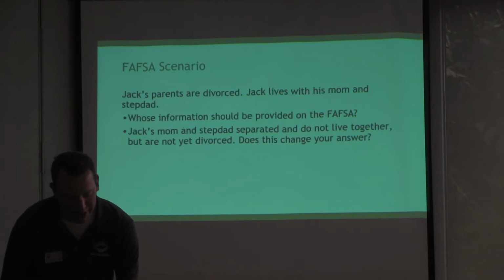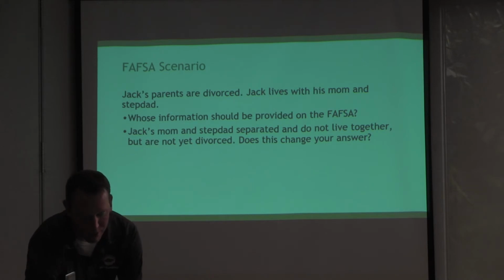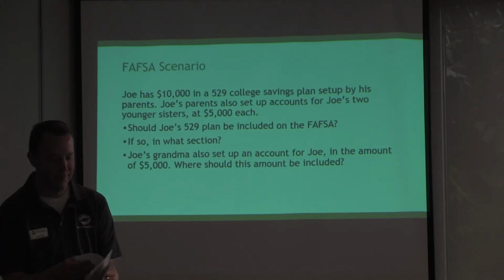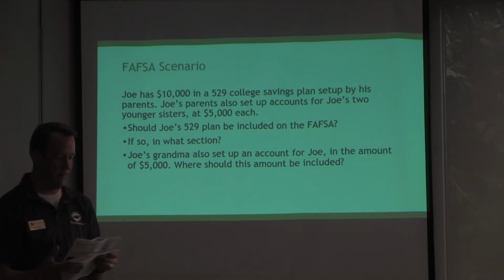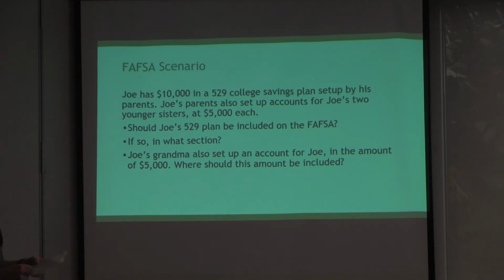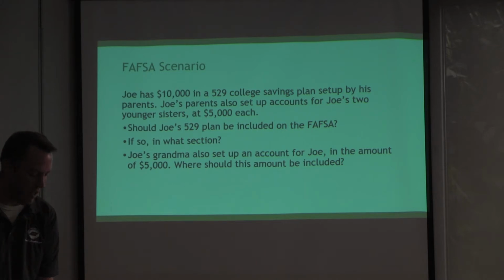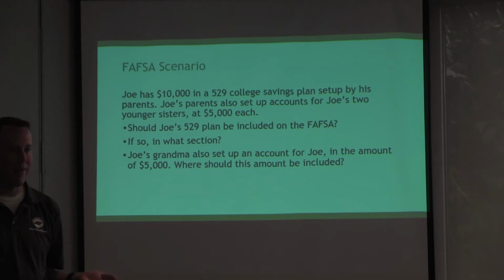Some of these are really tough, and I feel like I went through this really quickly. So Joe has $10,000 in a 529 college savings plan set up by his parents. Joe's parents also set up accounts for Joe's 2 younger sisters at $5,000 each.